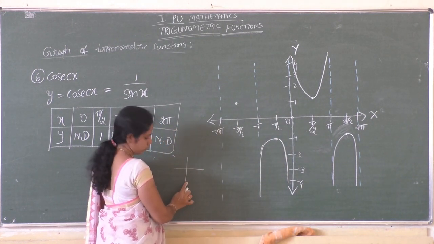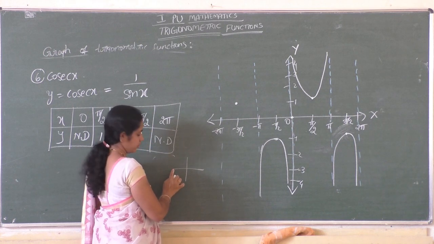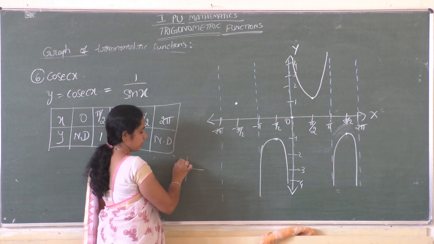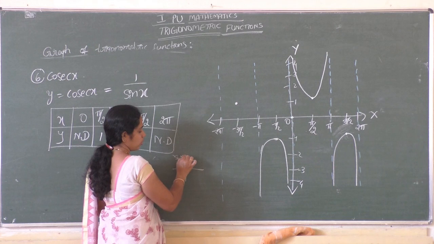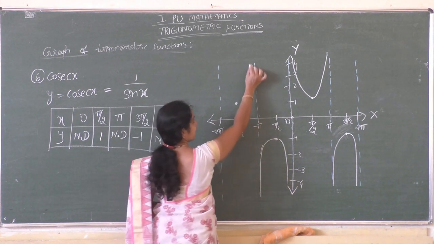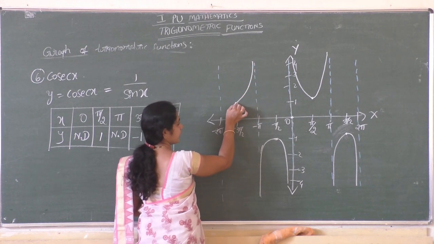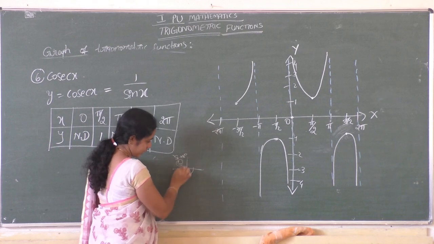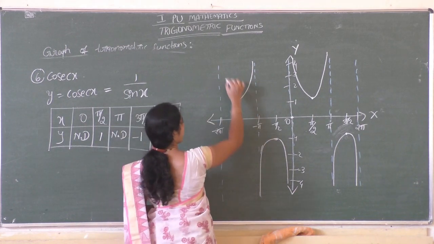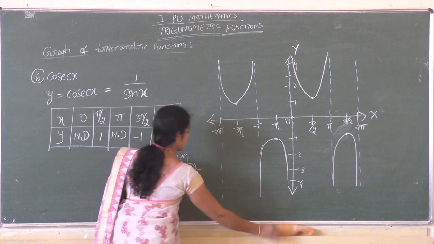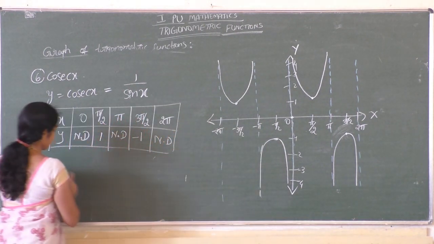Minus pi to minus 3 pi by 2 means the second quadrant, where sin is positive, so cosec is positive. Minus 3 pi by 2 to minus 2 pi again comes here and is positive. This is the graph of the cosec function.